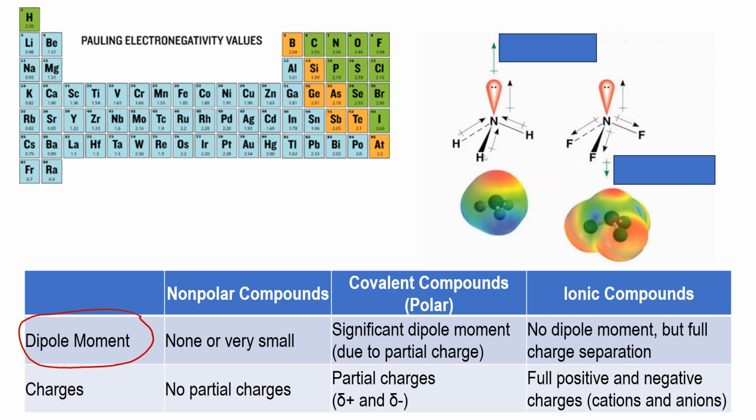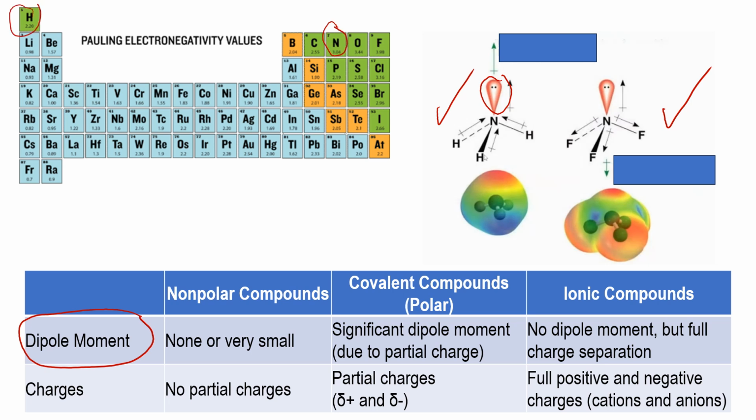So let us check these examples here. We have ammonia and nitrogen trifluoride. For ammonia, you can see that it has a trigonal pyramidal geometry due to the lone pair that we have here on nitrogen. Electronegativity wise, nitrogen is more electronegative than hydrogen. You will see it here in our periodic table. This is nitrogen and this is hydrogen.